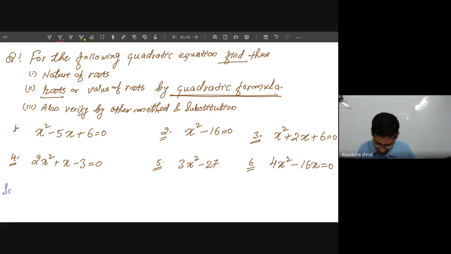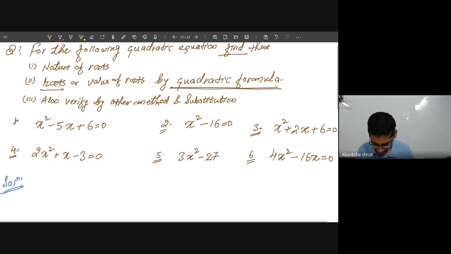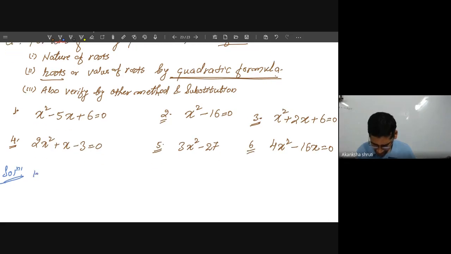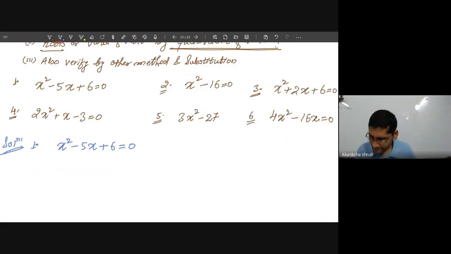So let me solve one question first. What are the things involved? Let me solve the very first question itself. Students, here it is given as x square minus 5x plus 6 equals 0. The very first thing that you have to do is compare with the standard form.